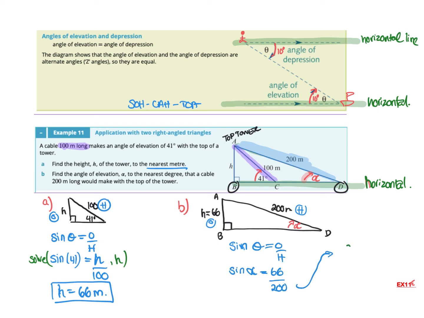So on our calc, we're going to type sine -1, 66 over 200. And that will tell us what alpha is. Okay, so you just have to type in the green, and what does that end up being? All right, it said to the nearest degree, so that means a whole number in this scenario. So we got 19.2, so we're just going to say 19 degrees like that. All right.